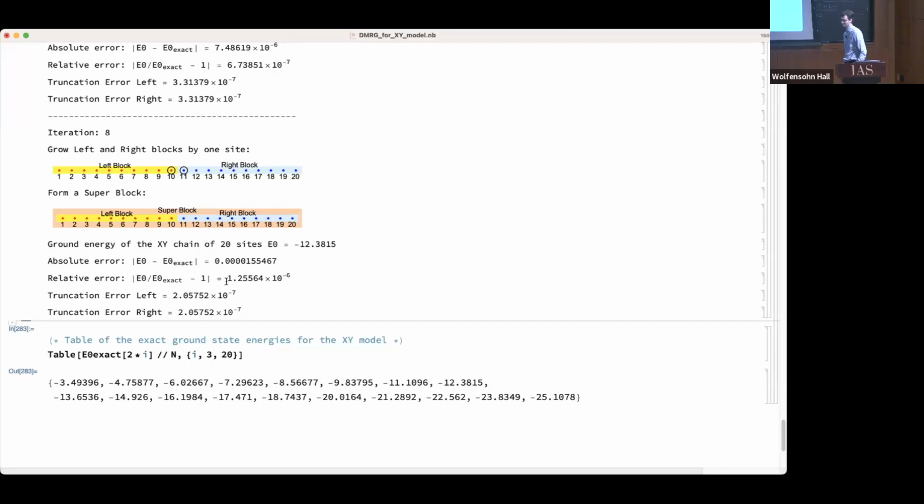Yeah, I don't know why. But somehow, if you take m equal 100, then you can make the size of the lattice hundreds of sites, and you still get 10 to the minus 5, or even less.